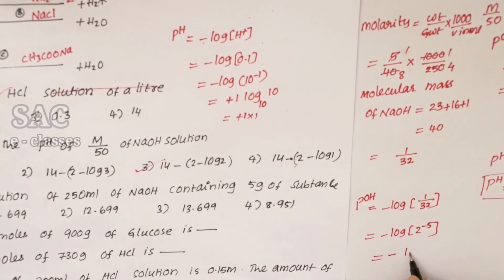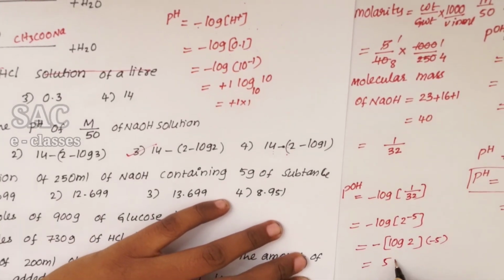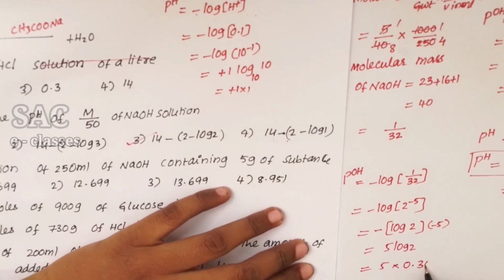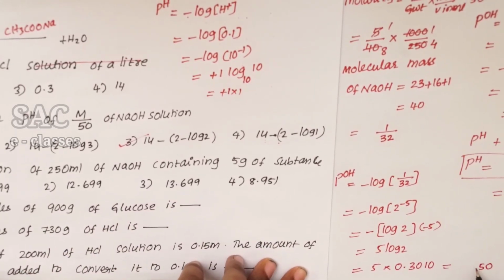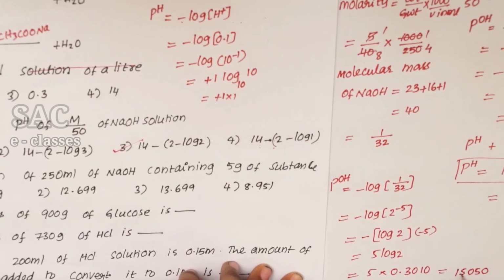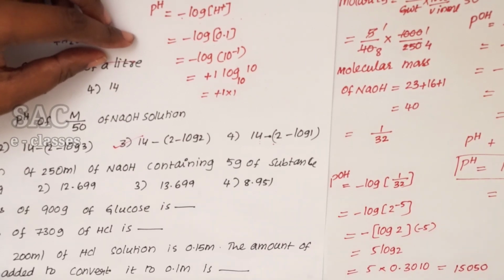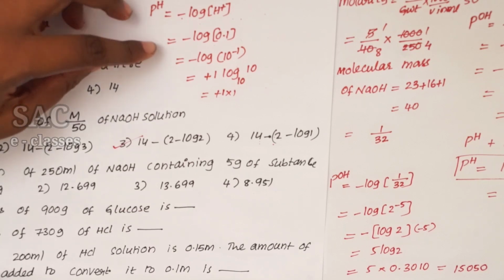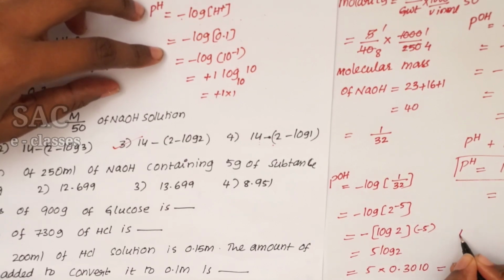Then minus log of 2 to the power minus 5, that is plus 5 log 2. 5 into the log 2 value, 0.3010, you will get 1.505. Then the pOH of the 250 ml of NaOH, which contains 5 grams of the substance, is 1.505.